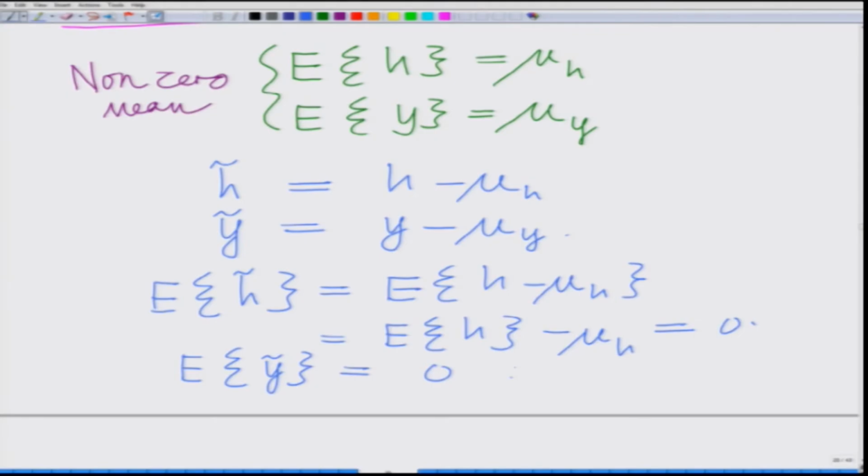So, now given non-zero mean parameter h and observation y, we have converted them to the zero mean equivalents, the zero mean equivalent parameter h tilde and the zero mean equivalent observation y tilde. Now, I know the estimate of h tilde given y tilde. I am going to form that first, and from that derive the estimate of h given y, and that is very simple.